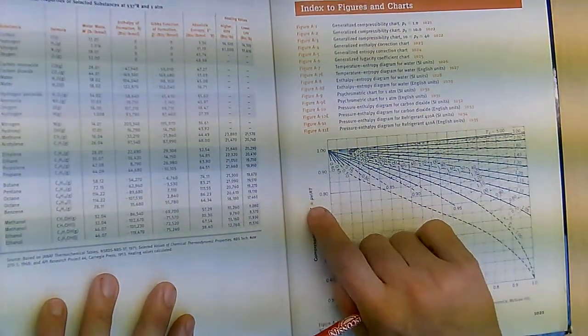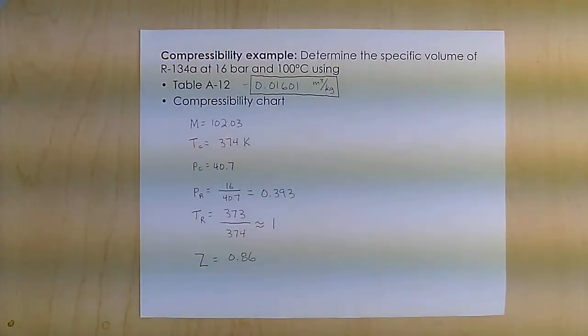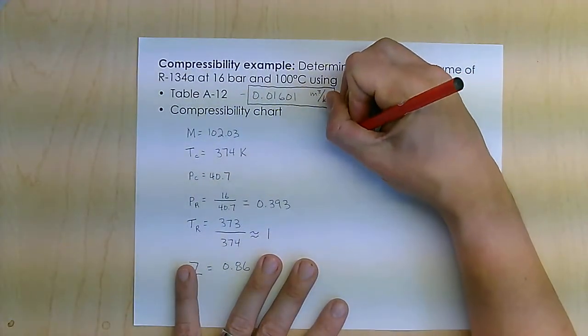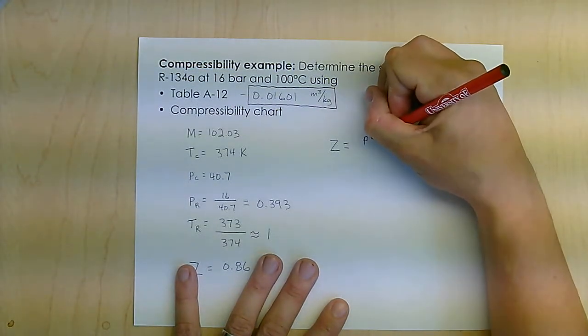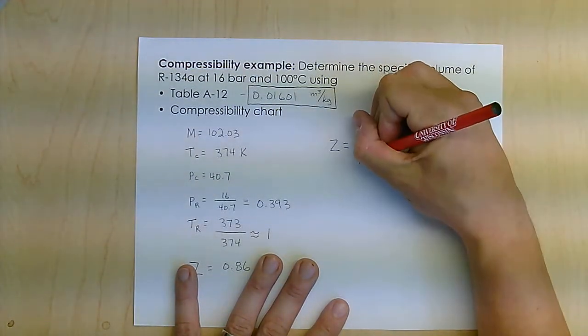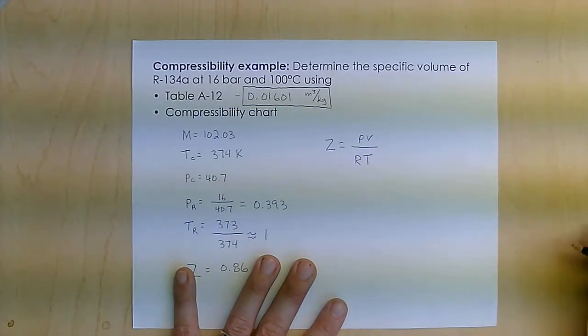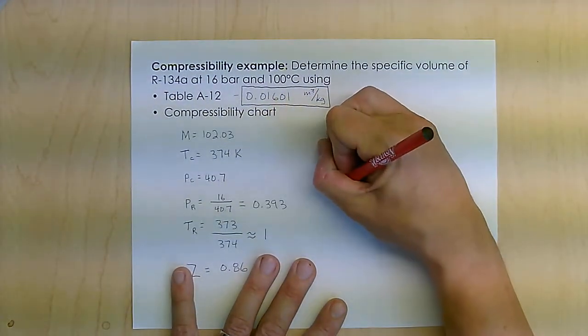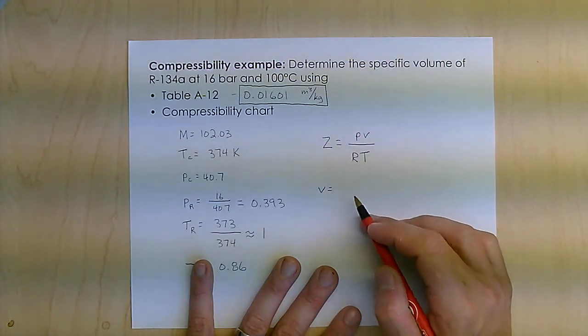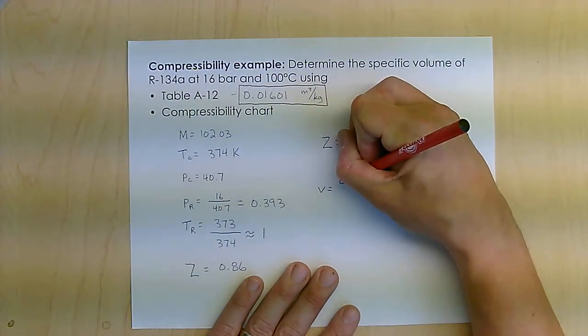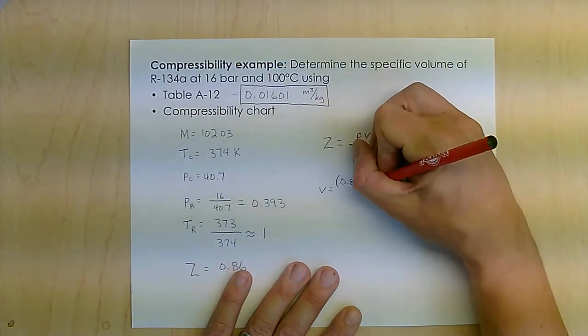Now, as you can see here, Z is PV over RT. I'm going to use that relationship to figure out what my V is. So Z is PV over RT. Solving this for V, I have ZRT over P, where Z is 0.86.